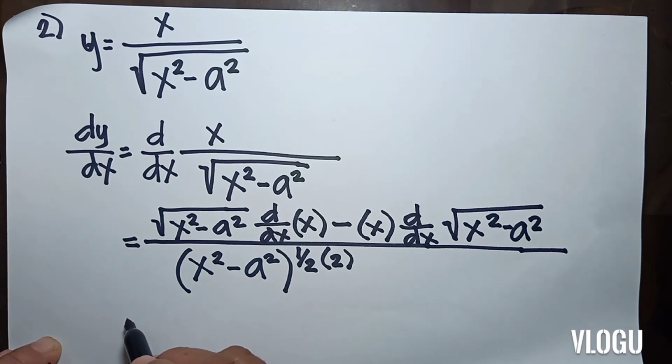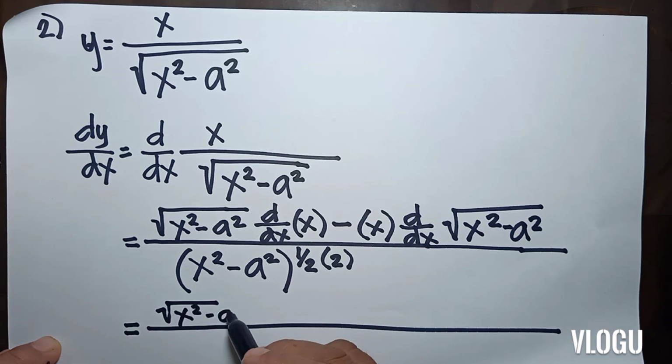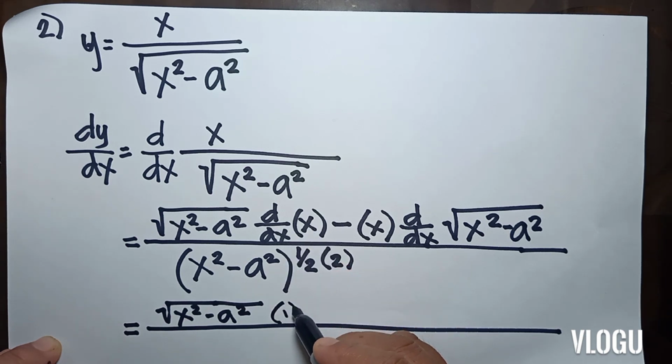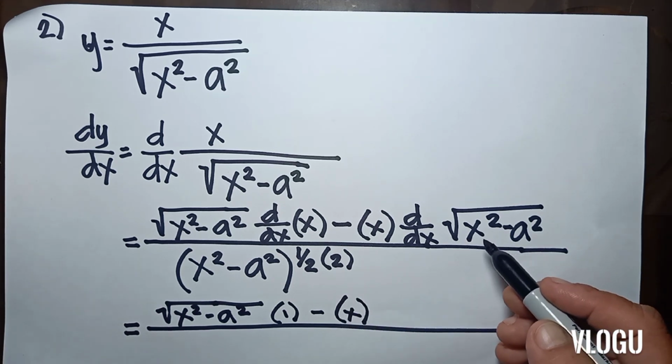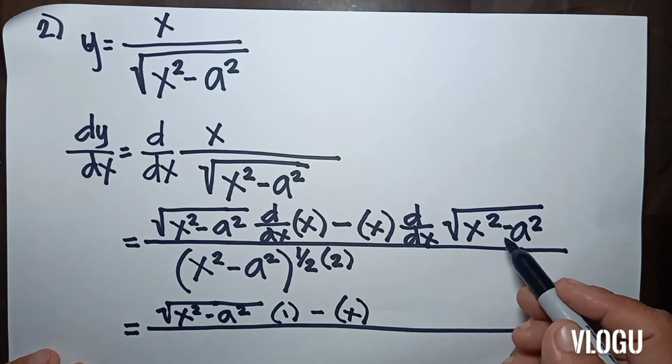So we will have the square root of x squared minus a squared times d dx of x, that is 1. Then we have x times the derivative of the square root of x squared minus a squared.